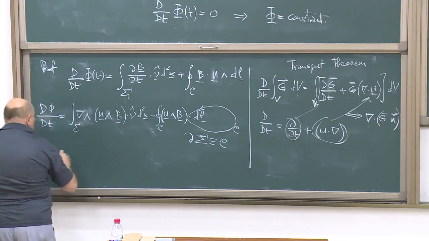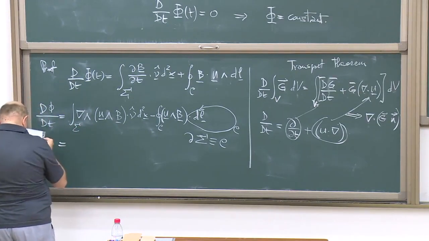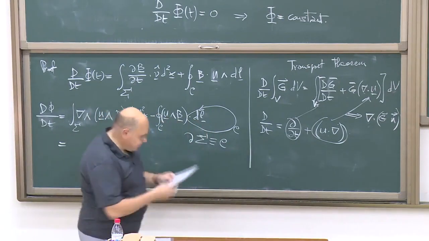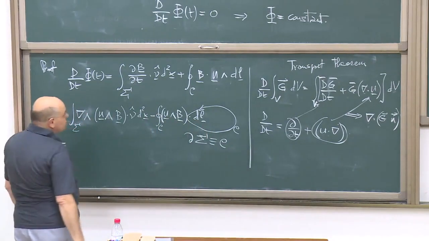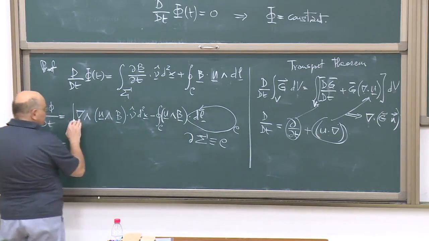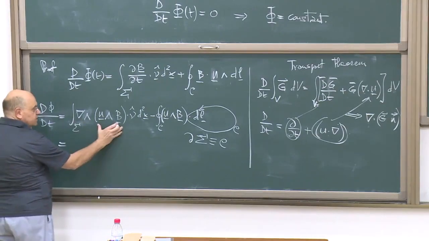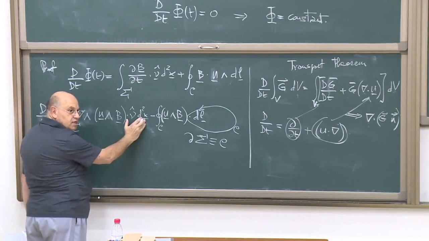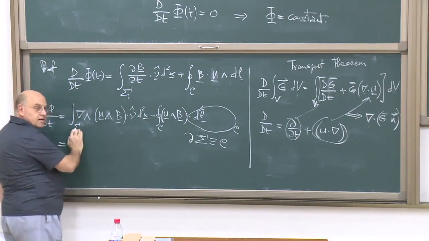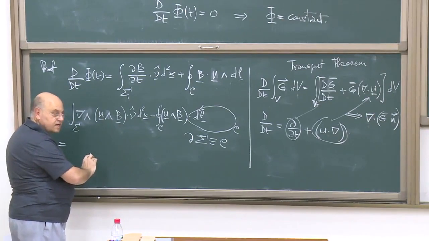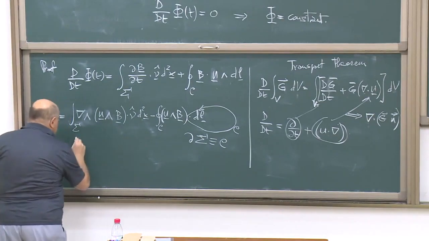All right, so now we get to the final step. We use Stokes. So we have the curl of this quantity through the surface, so we can reduce the surface integral to a line integral. All right? So we reduce that.